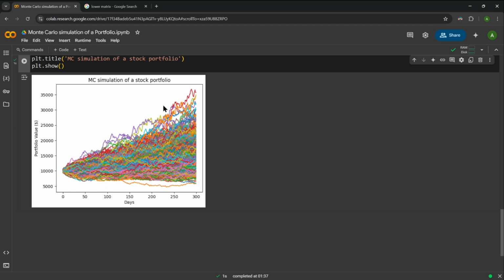After 300 days, turns out the best outcome for us is around 35,000. And the worst that we could get to is around 5,000 rupees. So looking at this, we could say that our portfolio is very well balanced and we have a very high profit percent with respect to the loss, at least.